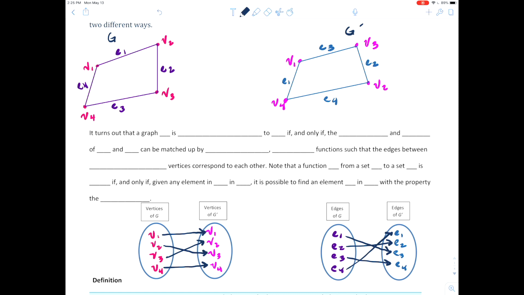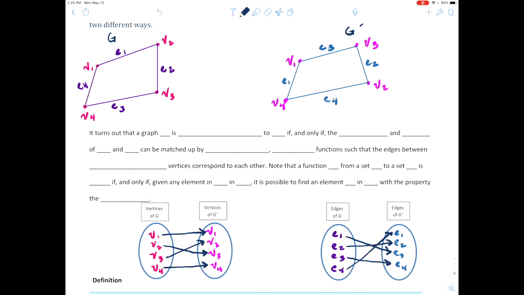And again, there's more than one way to do this. And this one, there were multiple ways because the degree of each vertex was the same. They all had a degree of 2. And remember, the degree is the number of edges that are incident on each vertex.